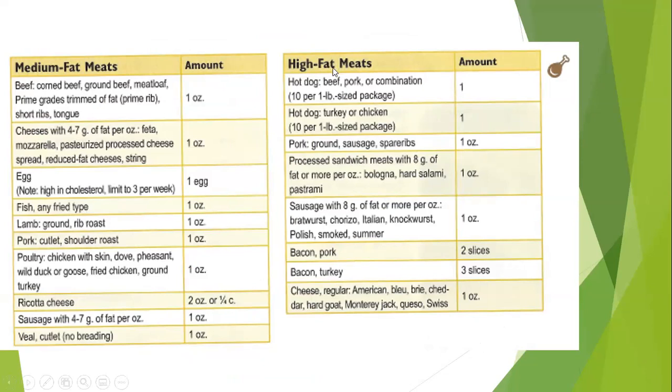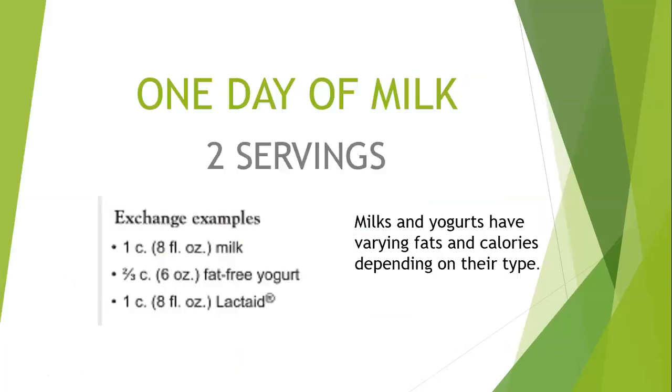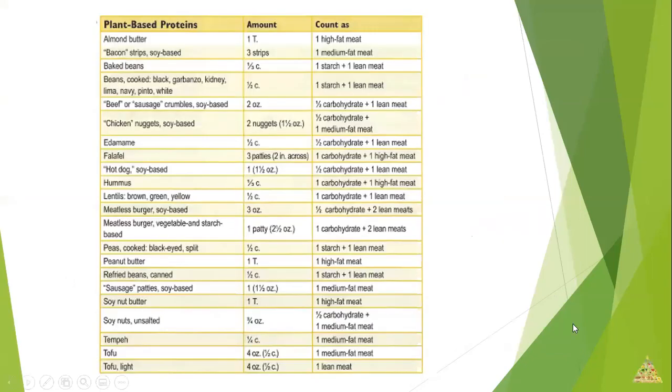The high-fat meats: pastrami, bologna, which is processed also, sausage, regular cheese, 1 ounce cheese, a hot dog, even a turkey or chicken hot dog, is considered high fat. Okay.